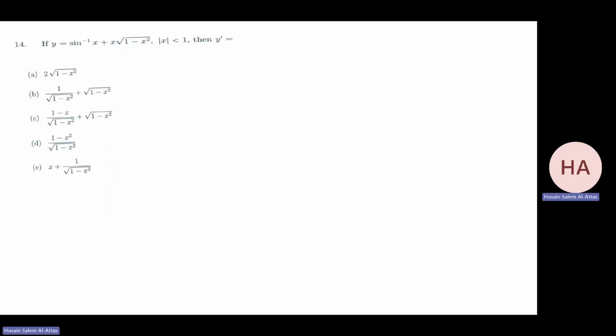Okay. If y equals this, I need this so that this one makes sense. So it will be y prime, derivative of this, which is 1 over √(1 minus x squared) plus, now we have a product here, so the first, x, derivative of x, which is 1, times the second, plus x times the derivative of this, which is what? 1 over 2√(1 minus x squared) times the derivative of this, minus 2x.